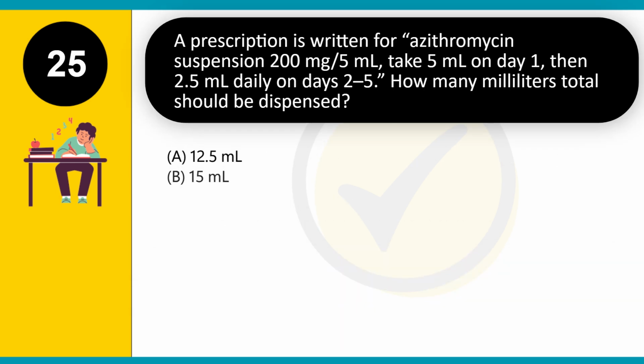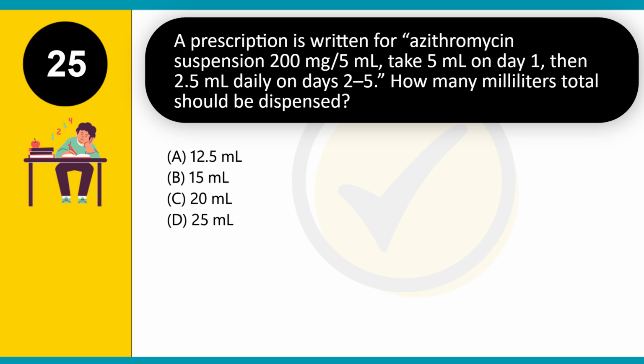A prescription is written for azithromycin suspension 200 mg per 5 mL. Take 5 mL on day 1, then 2.5 mL daily on days 2 to 5. How many milliliters total should be dispensed? A. 12.5 milliliters. B. 15 milliliters.